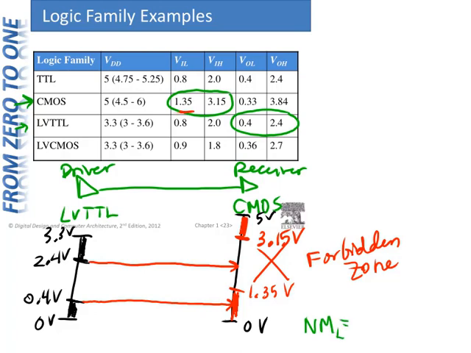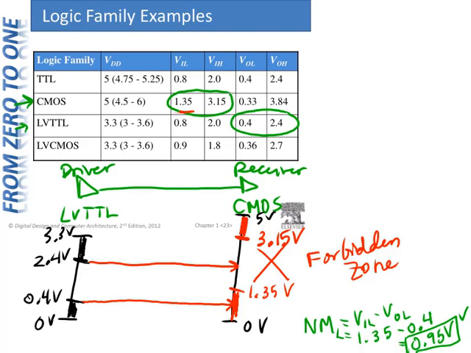Noise margin low is equal to voltage input low minus voltage output low. We get 1.35 minus 0.4. So we get almost a volt of noise margin on the low end, on the zero end. That looks good. That would work.